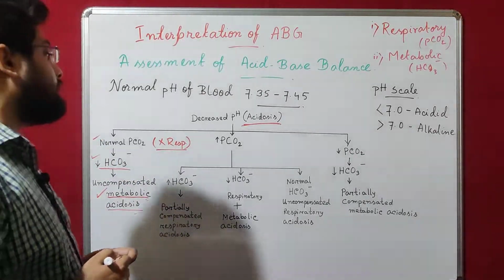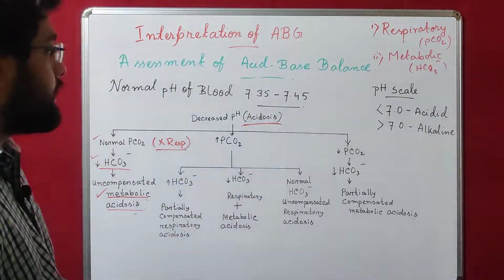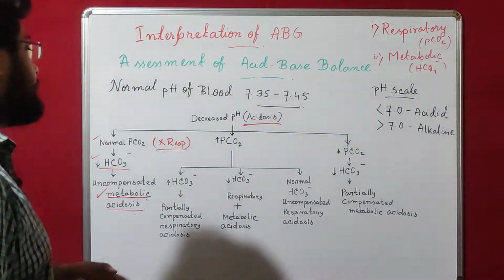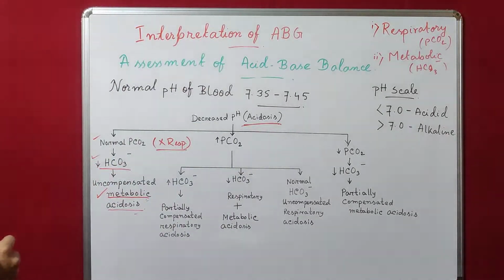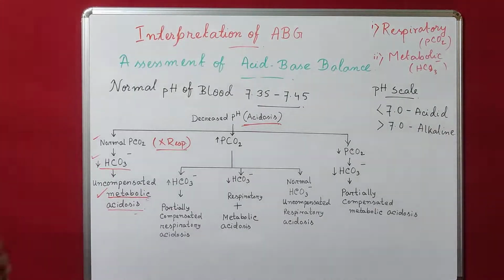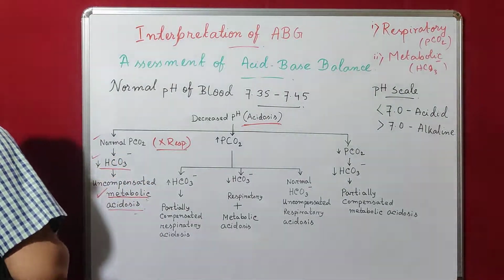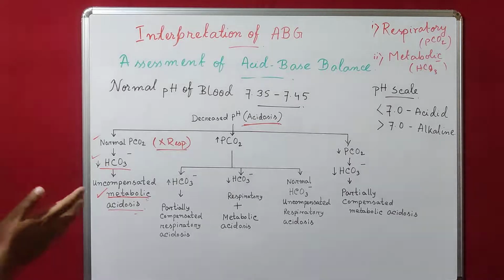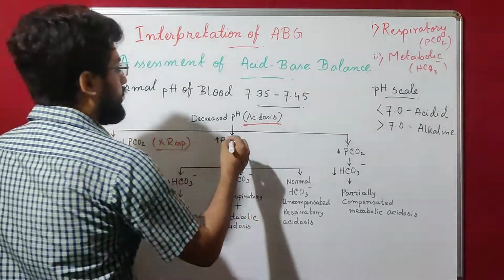The next chance is that PCO2 can be raised. If PCO2 is raised, that means the amount of soluble carbon dioxide in the solution is raised. That means there is some respiratory cause.